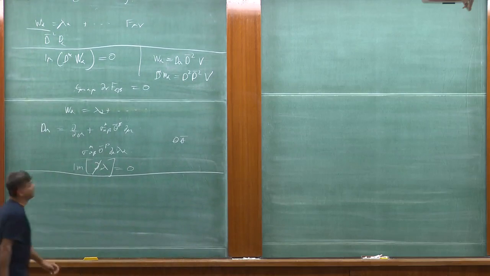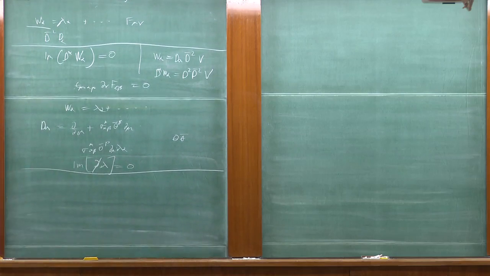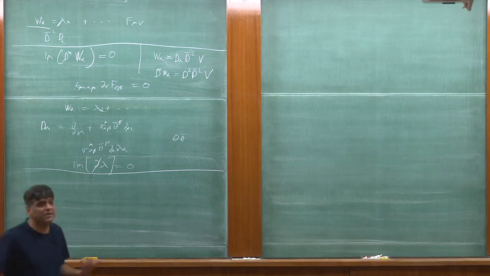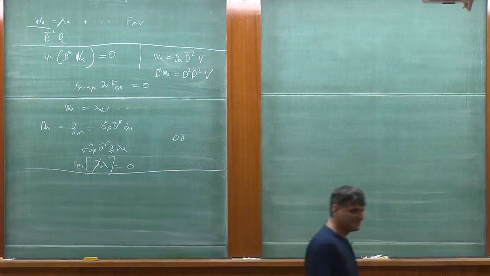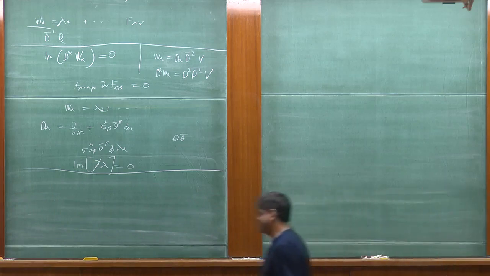Okay, excellent. But what we have here is this equation, imaginary part of del alpha W alpha is equal to 0. This is what we want to impose, and we want to do it in a supersymmetric way. Now, how do we do that?